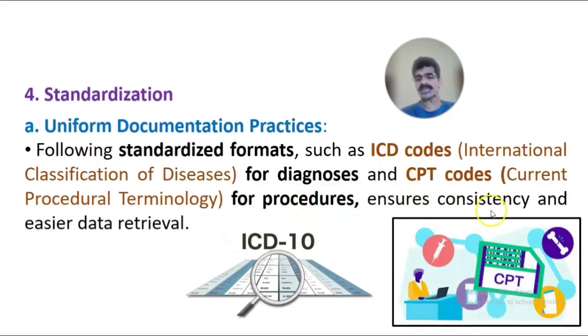This ensures consistency, standard and quality, and makes data retrieval easier. Data retrieval is nothing but access to data, making the data available from the system or from the source. So that is about uniform documentation practices: coding with ICD codes for diagnosis and CPT codes for any procedures.